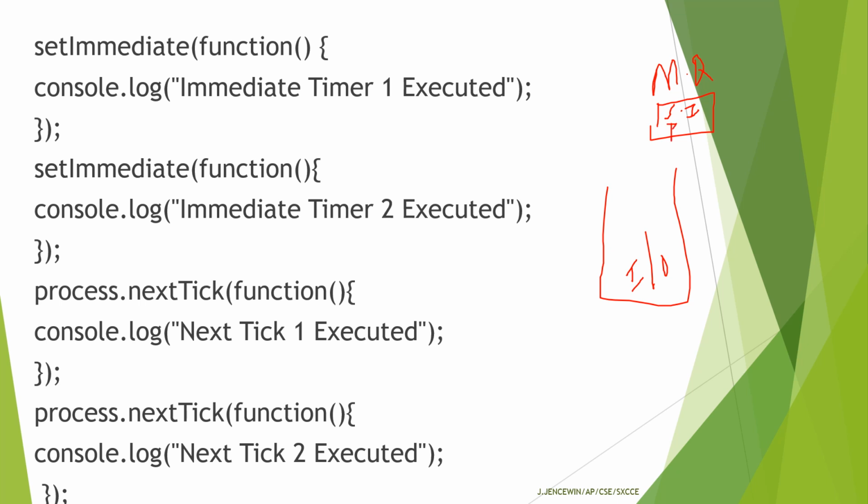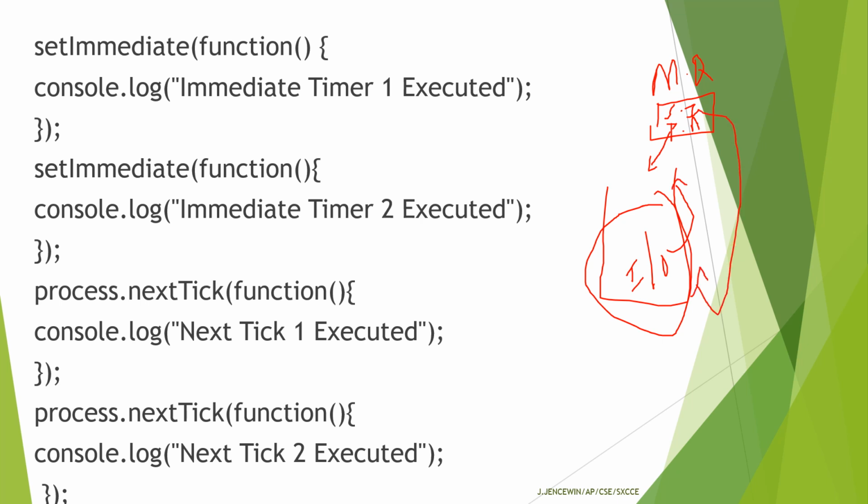Both are executed after clearing all the current tasks on the event queue. In the event queue currently we have one IO task, but process.nextTick has a higher priority than the IO, so it is executed first, and setImmediate is executed after clearing the IO. It has a lower priority than IO. So the second task executed is the IO, and the third is the setImmediate.